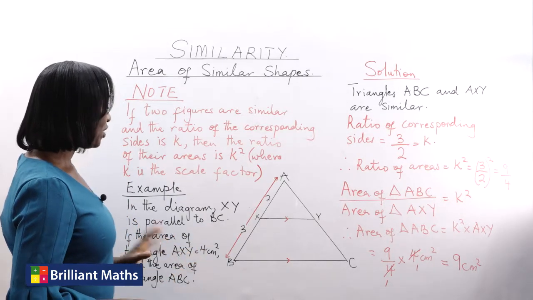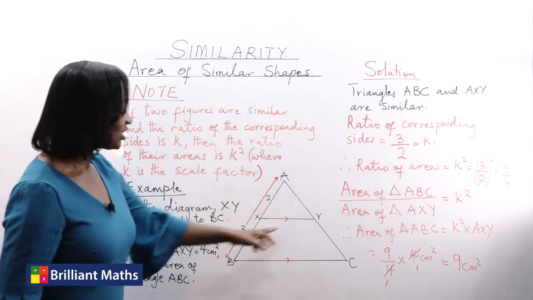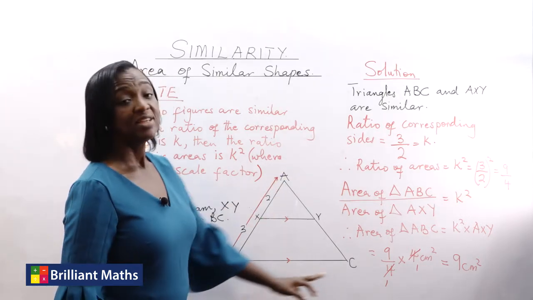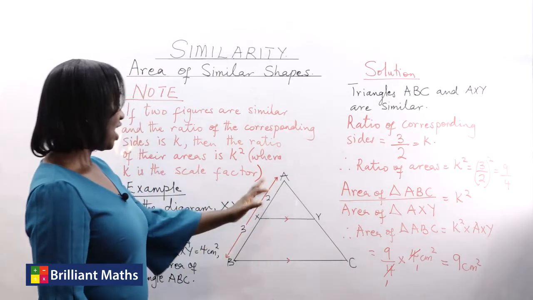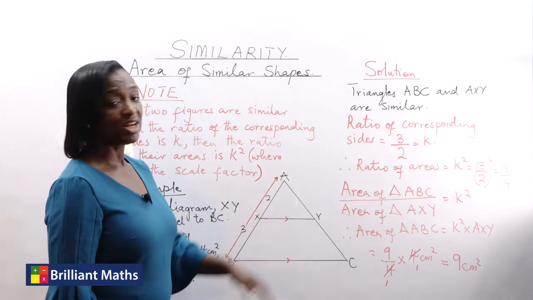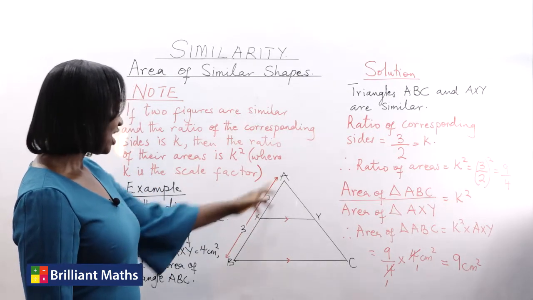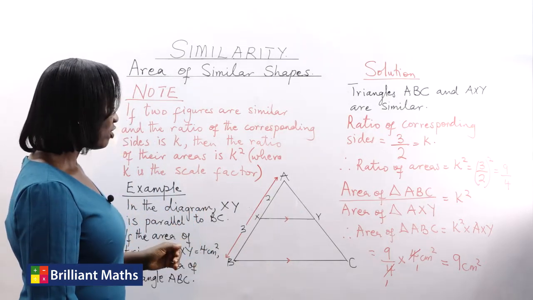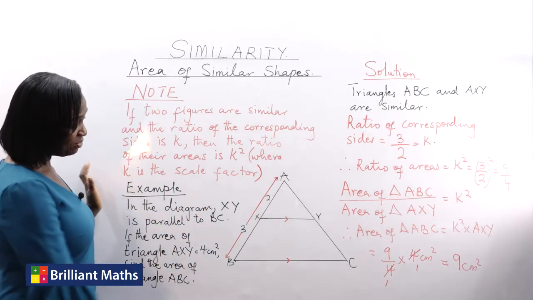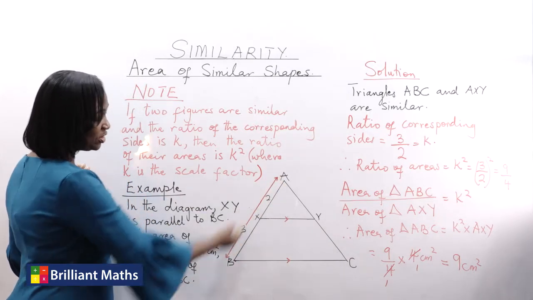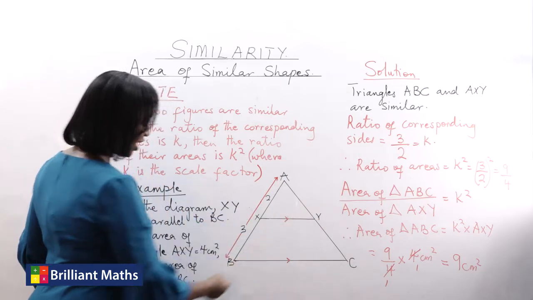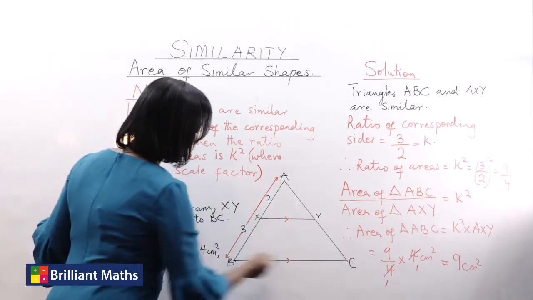So for example, we have triangle AXY and triangle ABC. AXY is the smaller triangle and it's inside ABC, but they are similar. So where are the corresponding sides? That means that AX corresponds to AB and XY is parallel to BC, like we are given.